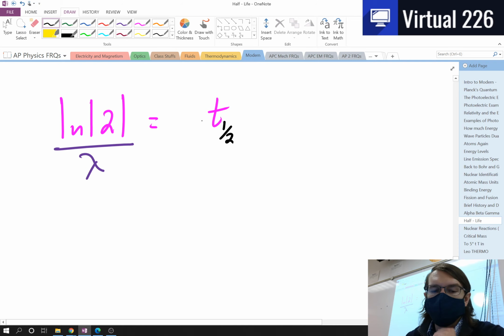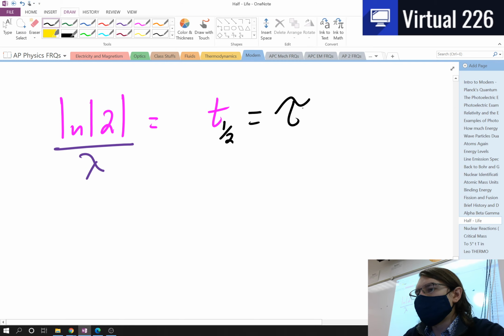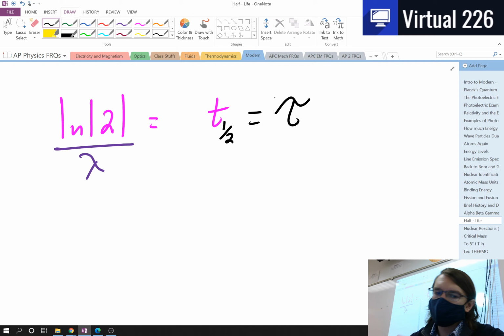This pops up so often that while we can write it as t or t 1/2, we could also write it as tau. Not to be confused with torque. Torque is a vector. This half-life time, tau, is the amount of time it takes for some number of particles to decay down to half as many as before.